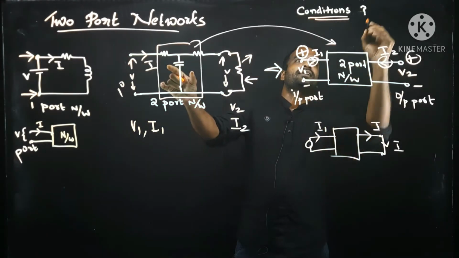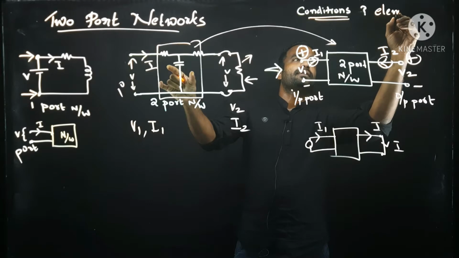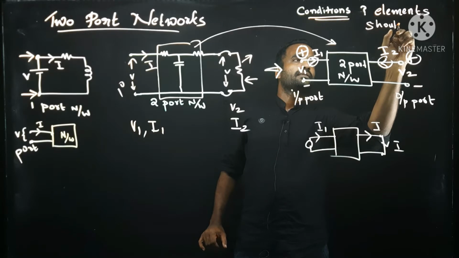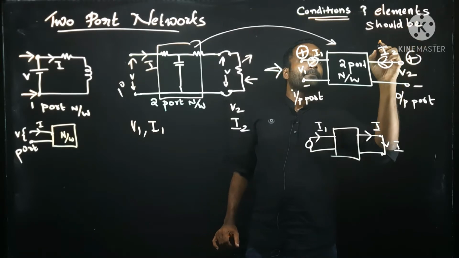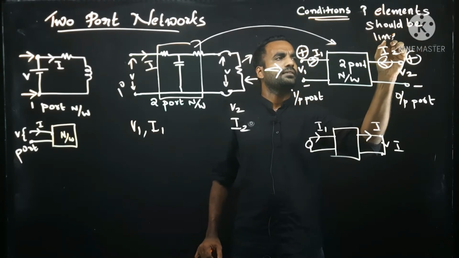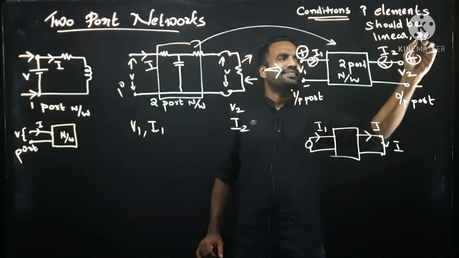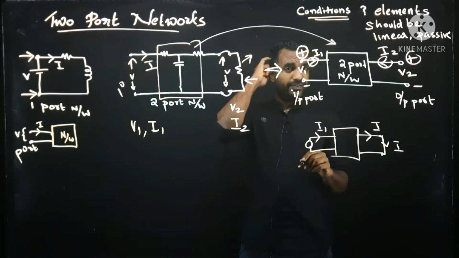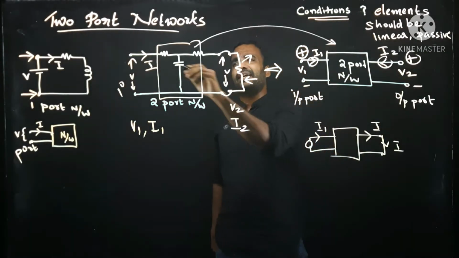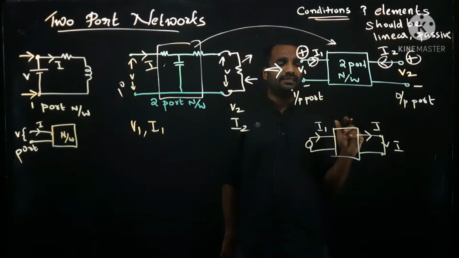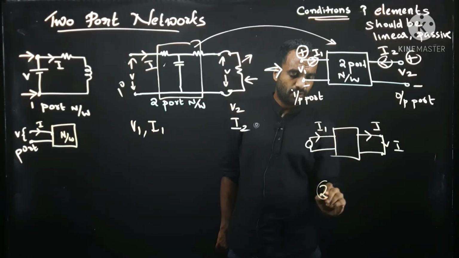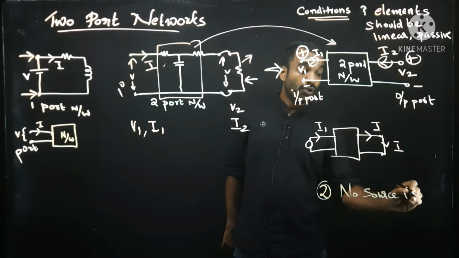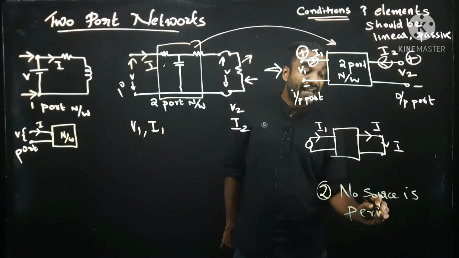First condition is elements should be linear passive elements. All the elements like inductor, resistor, capacitor are linear and passive. And one more condition: no source is permitted inside the network.